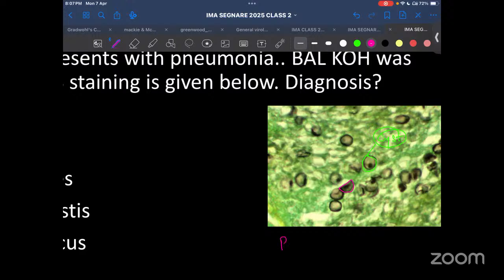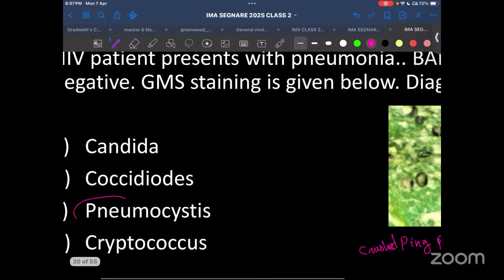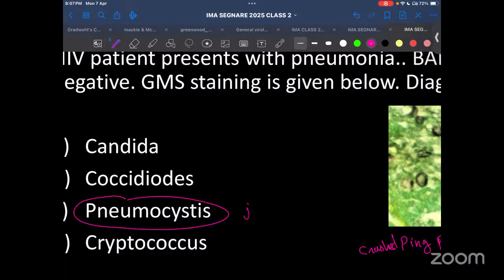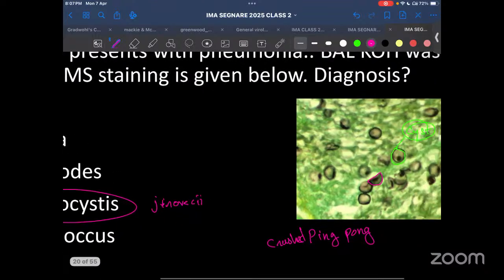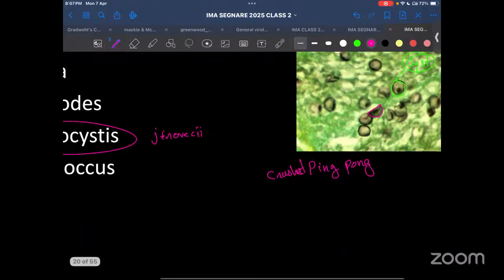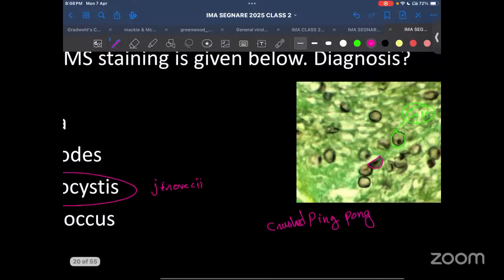So it is known as the crushed ping pong ball appearance in GMS staining. This is Pneumocystis jirovecii, which is the new name. Earlier it was known as Pneumocystis carinii. So the pneumonia was known as PCP pneumonia. So this is Pneumocystis.